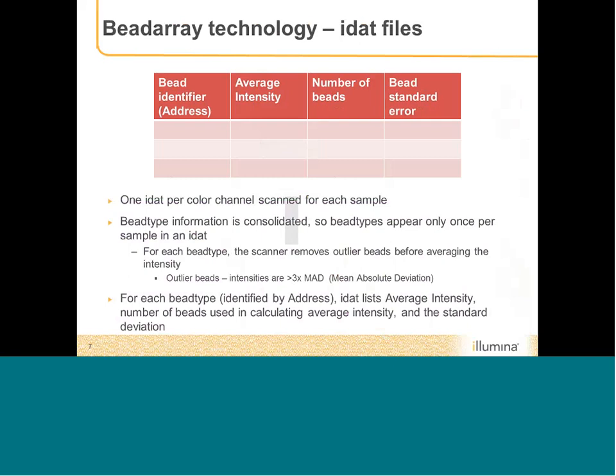For each bead type, the scanner removes outliers and then averages the remaining beads and lists it once, so that in an IDAT file, although each bead type is present on the stripe multiple times, in an IDAT, each bead type is listed only once, along with the average intensity, the number of beads used to calculate that average, and the bead standard error, which is the standard deviation of the average intensities. So that's what an IDAT file contains.